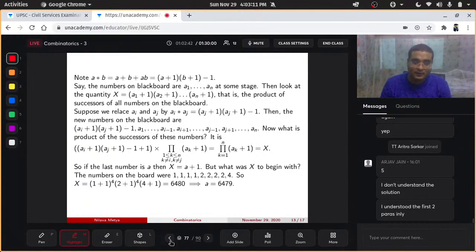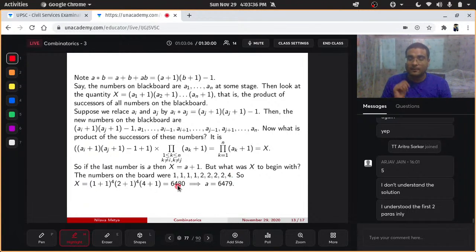Initially the product of successors was 1 plus 1 times 1 plus 1 times 1 plus 1 times 1 plus 1, times 2 plus 1 multiplied 4 times, and 4 plus 1. If you multiply, it comes out to be 6840.